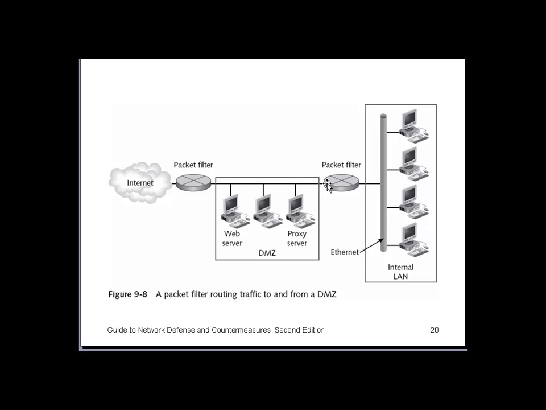So we want to make sure that we have some stringent rules in here to allow people who are doing work on the outside, let's say contractors or people working from home, to access this internal LAN across the internet. But we don't want outsiders being able to get into this internal network. So we're not going to have the same filters, the same firewall rules as here and here. They're going to be different filters.